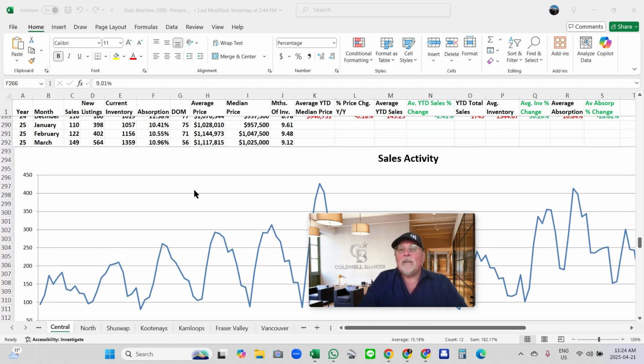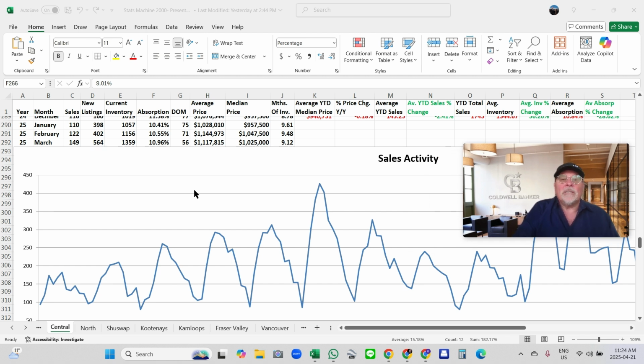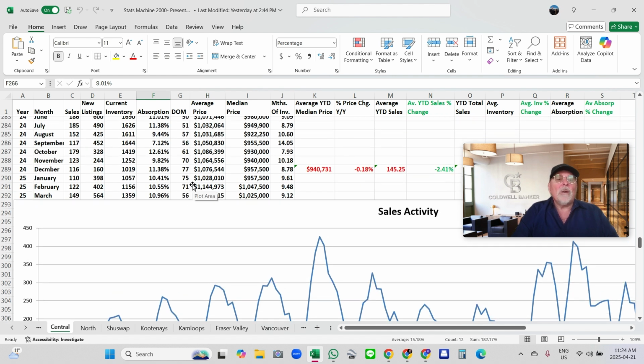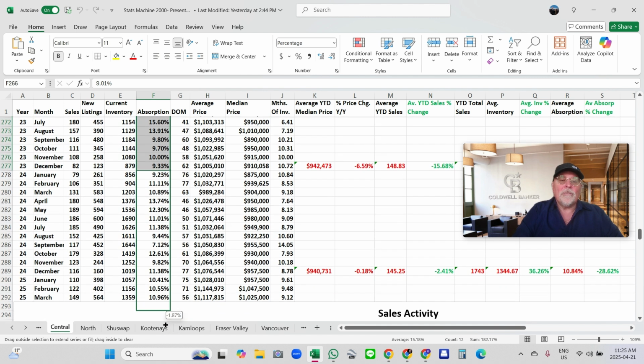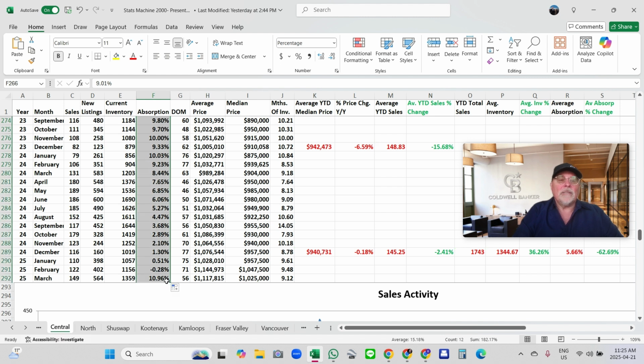I won't go into this in too much detail, but if you want to use the graphs, you come down here and click beside sales activity. And you go up here and you see that there is something that's highlighted automatically when you click on that sales activity. Say I want to graph the absorption over the last 5 years. I'm going to put my cursor here till a little cross shows up. I'm going to click and drag this down to March of 2025.